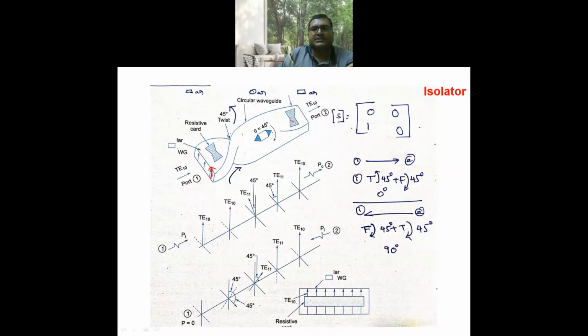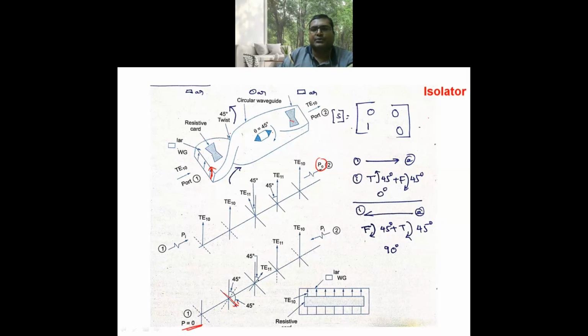After reaching the second resistive card, the polarization of the electromagnetic wave is perpendicular to the plane of resistive card. You will receive the output signal with minimum attenuation, and when the signal is applied at port 2, it is rotated by 90 degrees in such a way that the polarization is parallel to the plane of resistive card. So no signal will be received at port 1.